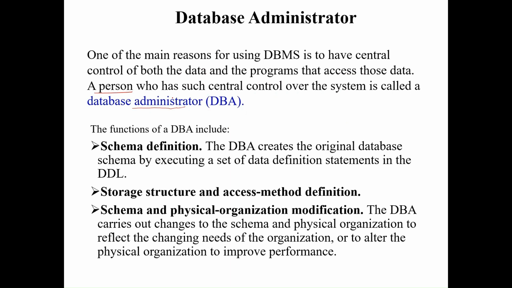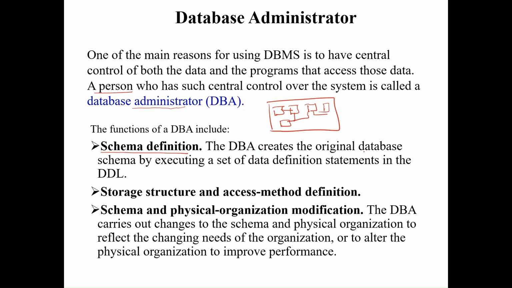So what are the functions of DBA? The first function is schema definition. Whatever complete database we create for an organization, in which we create hundreds of tables and the relationships among these tables, is a function of the database administrator.